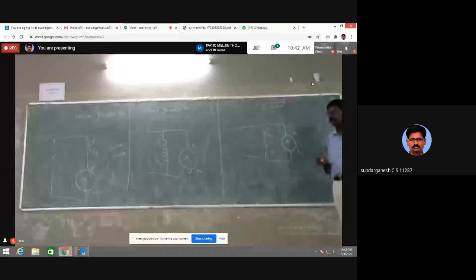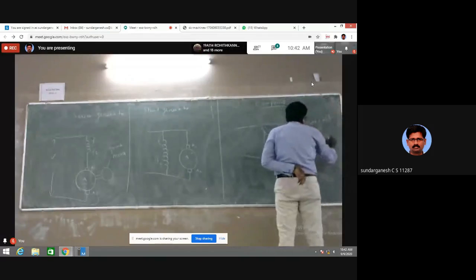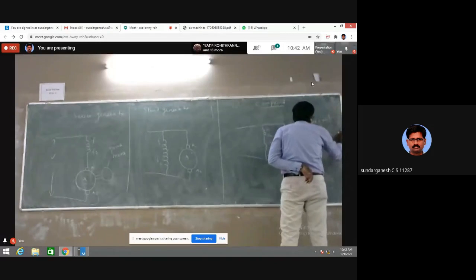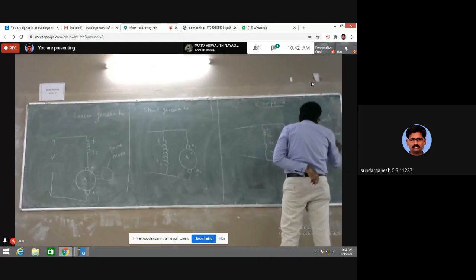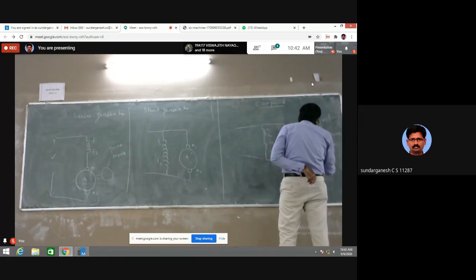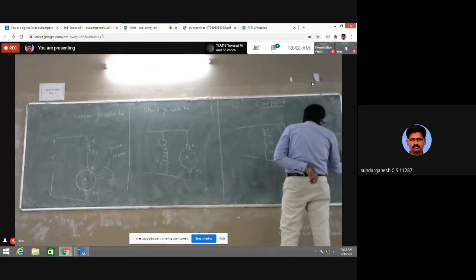These two coils interact with each other, and if their fluxes oppose each other, it is known as differential compound.